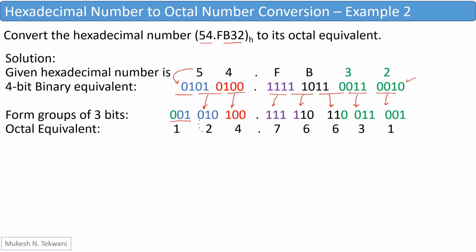Each group of 3 bits can be written in terms of its equivalent octal value. So 111 becomes 7, 110 becomes 6, 6 for the next, 011 becomes 3, and 001 becomes 1. Therefore the equivalent value is 124 before the decimal point, followed by .76631. So 124.76631 is the equivalent value in the octal number system.